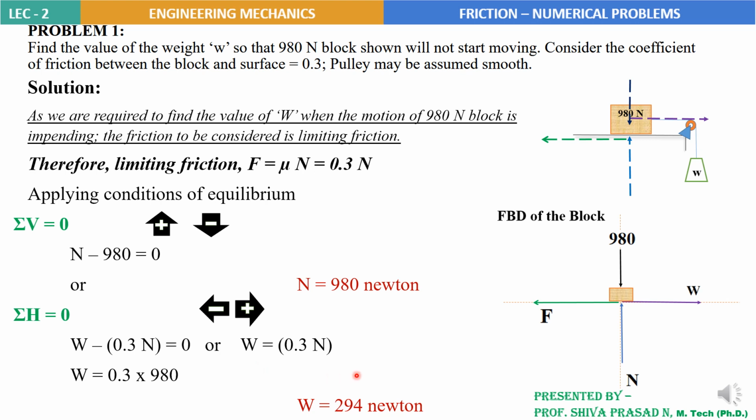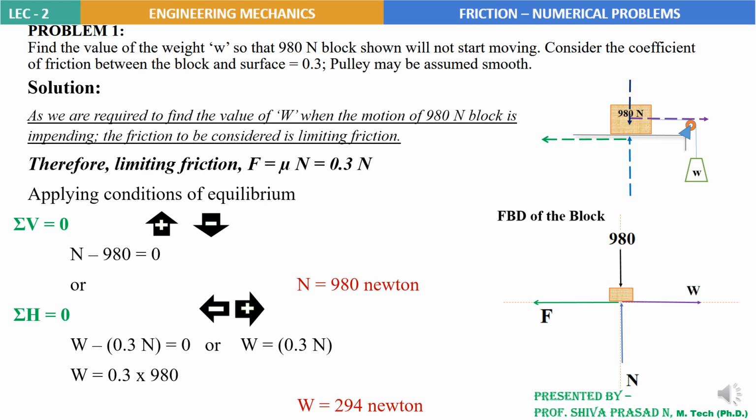So this is the simplest problem you can think of to understand the nature of friction force for the applied forces and the nature of normal reaction force for the applied loads.